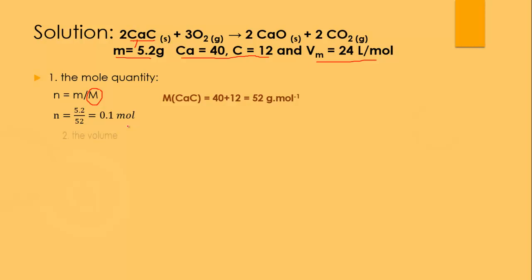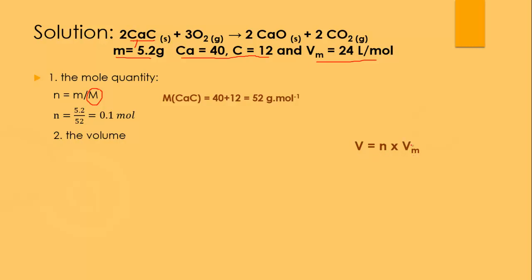The second part, I asked about the volume of oxygen gas. Okay, in order to calculate the volume of oxygen gas, what is the expression used? Mass over molar mass, or n equal V over Vm. Okay, to calculate the volume, we use the following relation: n times Vm.